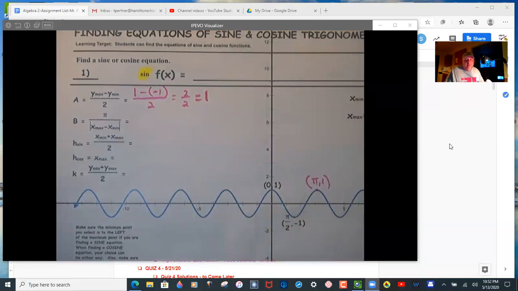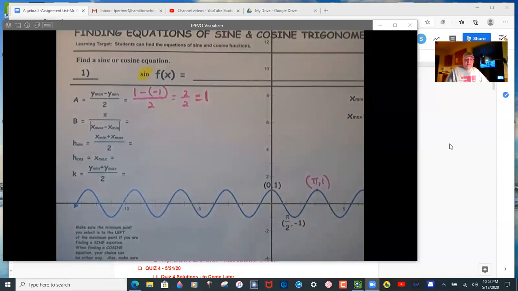The way that I have this set up, your A will always be positive. Something you need to know: depending on who your teacher is or what textbook you're looking at, there are many answers for a particular sine or cosine wave. There's an infinite number of them. So this is just one way. It's a way that always works, and that will generate a correct answer.